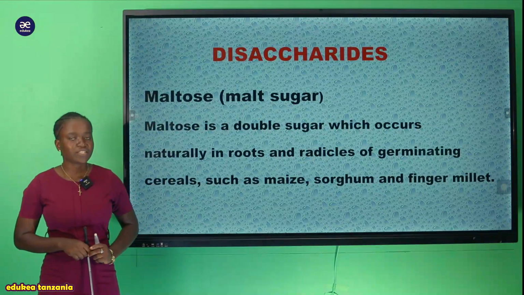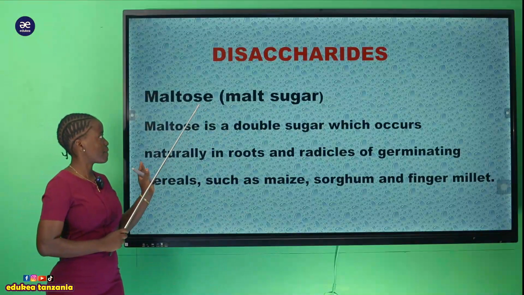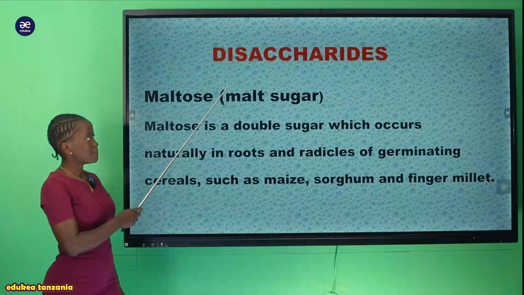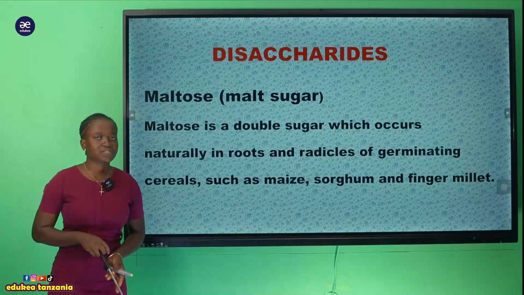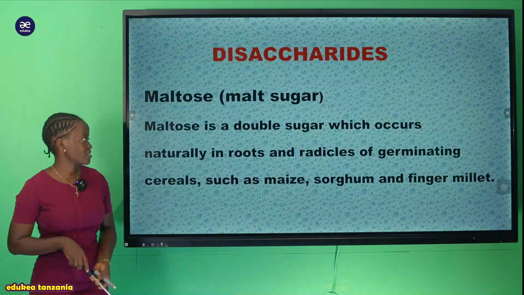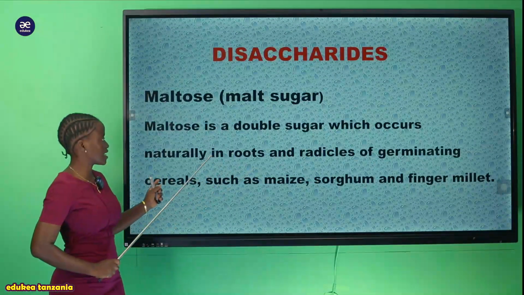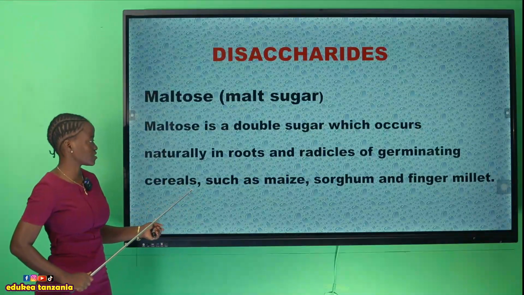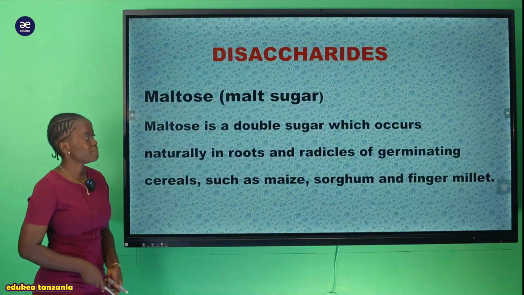Here we are going to start with the first disaccharide, that is maltose, or it can be termed as malt sugar. So what is this? Maltose is a double sugar which occurs naturally in roots and radicles of germinating seeds such as maize, sorghum and finger millet.